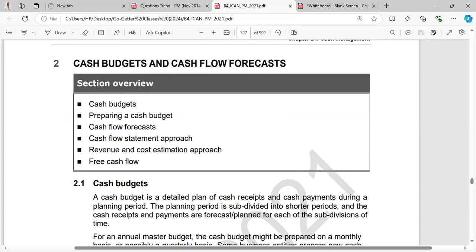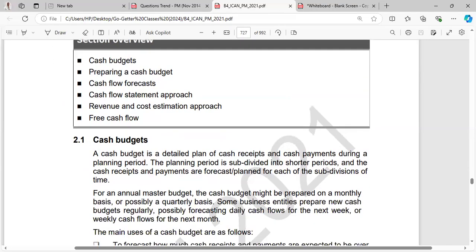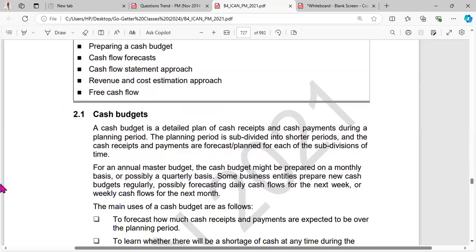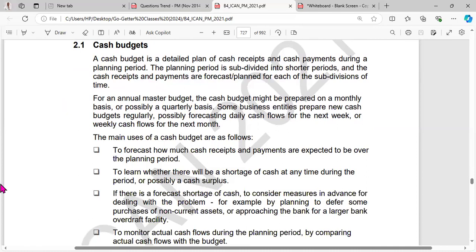What is a cash budget? A cash budget is a detailed plan of cash receipts and cash payments during a planning period. So it means that when you are having a cash budget, there must be a period of time you are looking at. Then you'll be thinking, how much cash will I receive in that period, and how much cash will I be spending during that period?